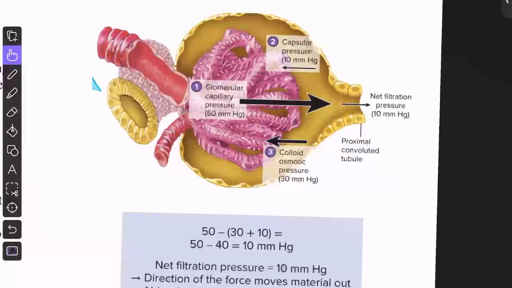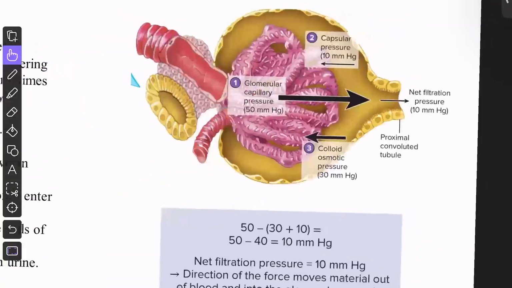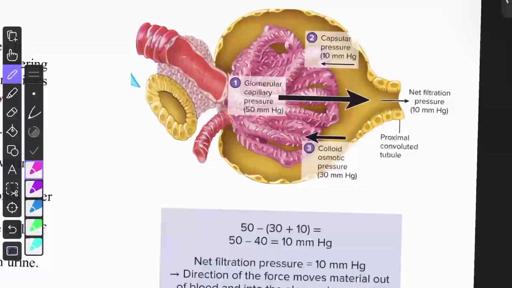We have three numbers here. We have glomerular capillary pressure, and I'm going to give you some abbreviations of these that will hopefully help you remember these. We have glomerular capillary pressure, which we can also call our capillary hydrostatic pressure.